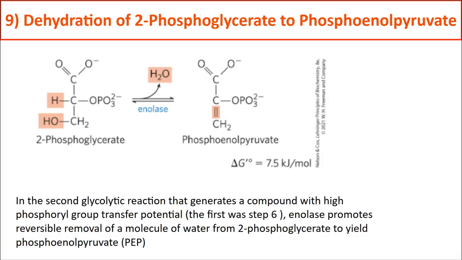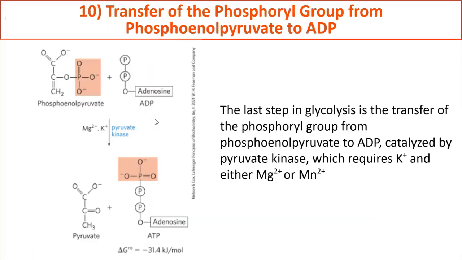And then you go into the 9th stage, which is the dehydration of 2-phosphoglycerate to phosphoenol pyruvate. And so once again, we have this dehydration happening where you have a release of water, and it utilizes the enzyme enolase.